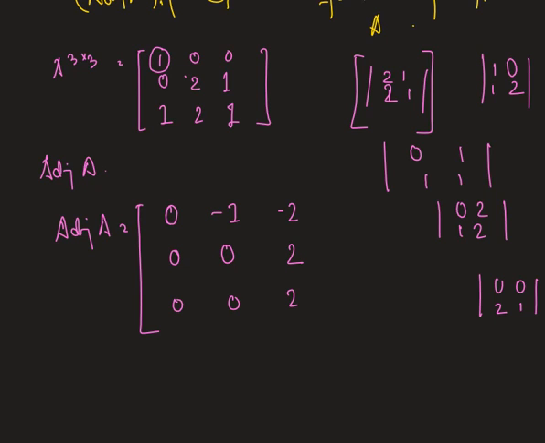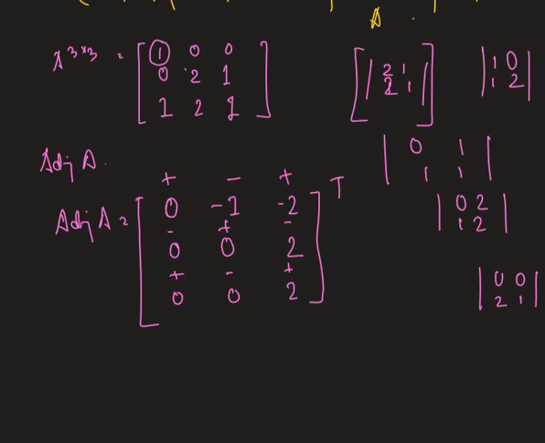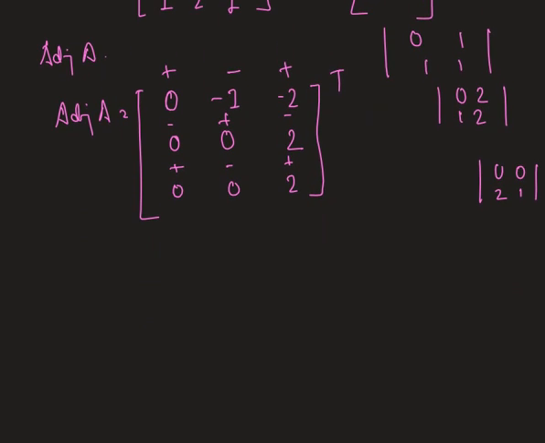Then we have to change the signs, that is plus, minus, plus, minus, plus, minus, plus, minus, plus. And then we need to take the transpose of these cofactor matrices.